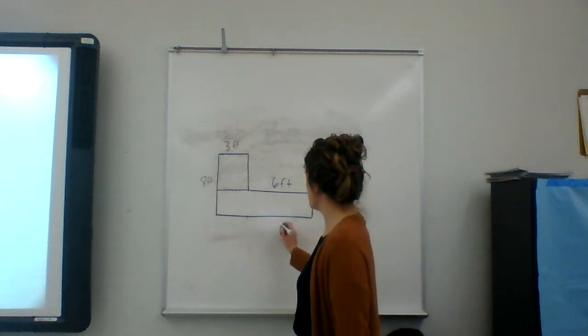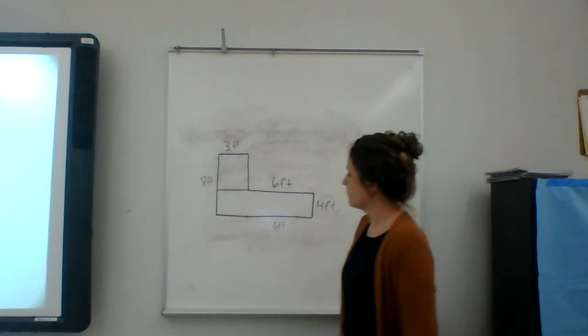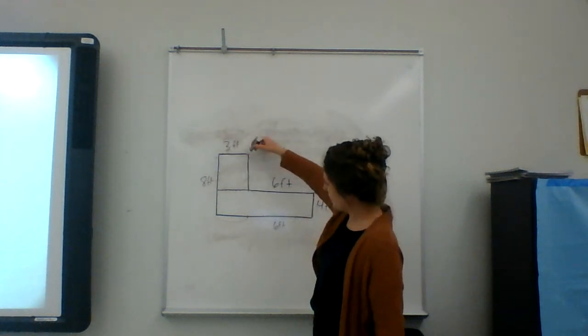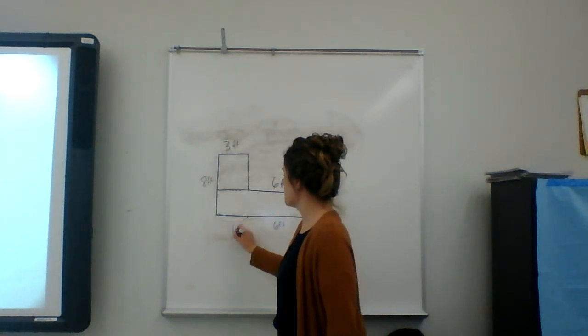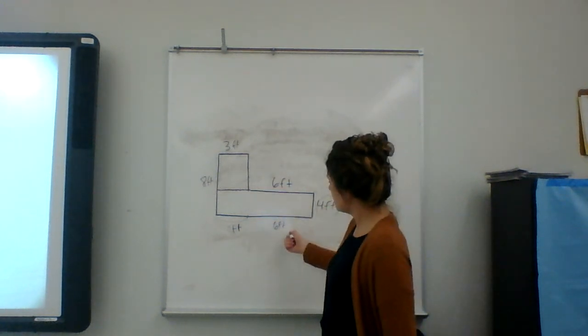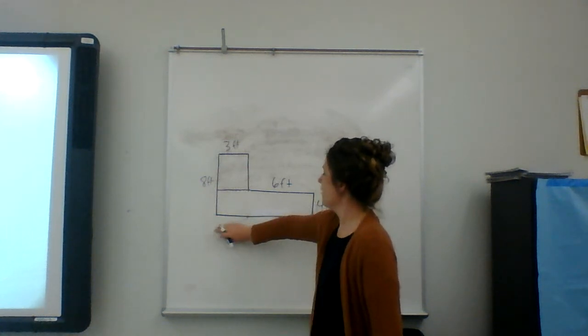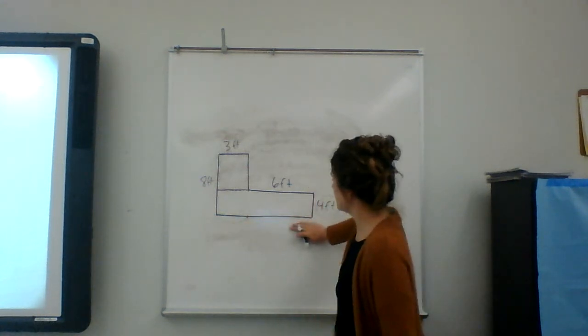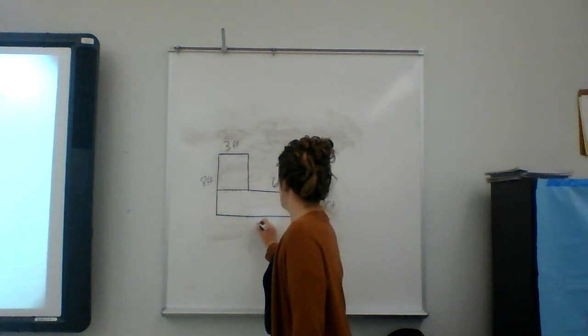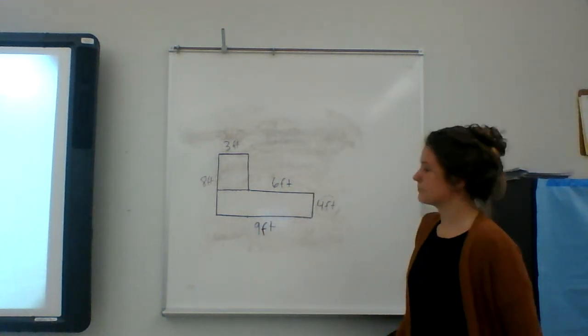Well, if to here is 6 feet, what would this last space here be? I see that up here it's 3 feet, so that makes me assume that this is also 3 feet. So if this is 6 feet to here, and here to here is 3 feet, together, 6 plus 3, this entire length is 9 feet.